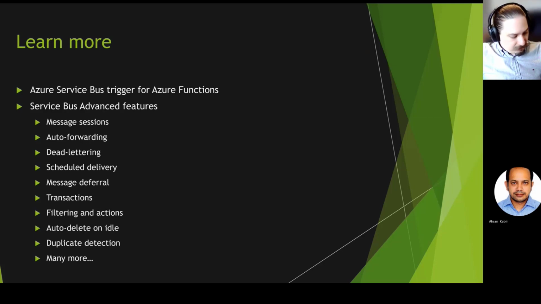For example, you check the health of the outside or external service, and if you see that the health monitoring shows it's not working, you can schedule the messages for later delivery.